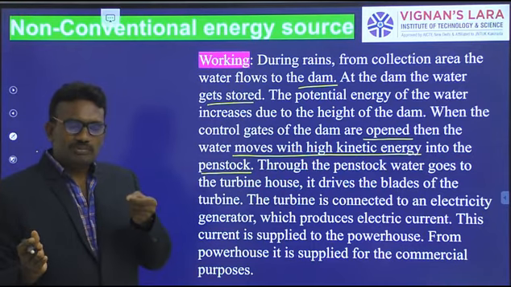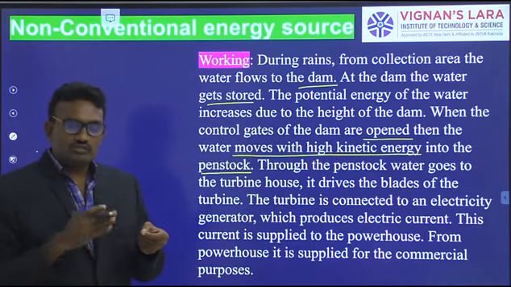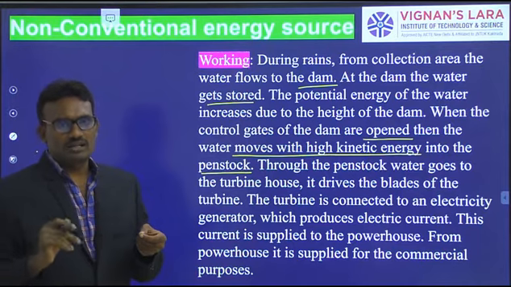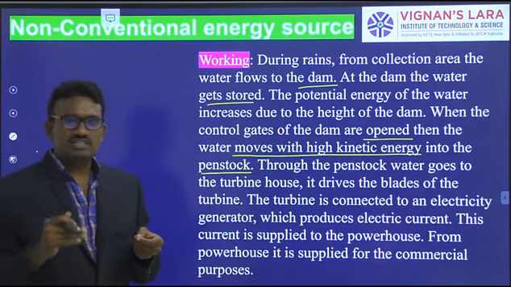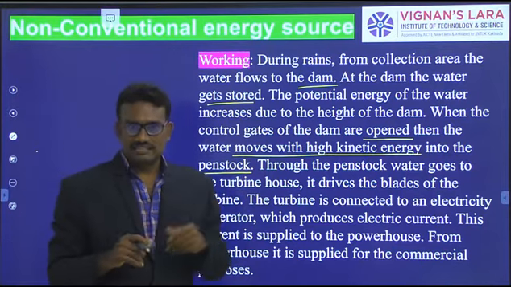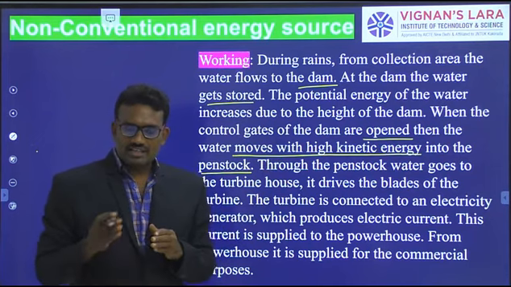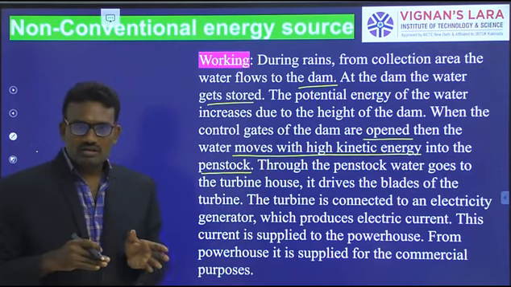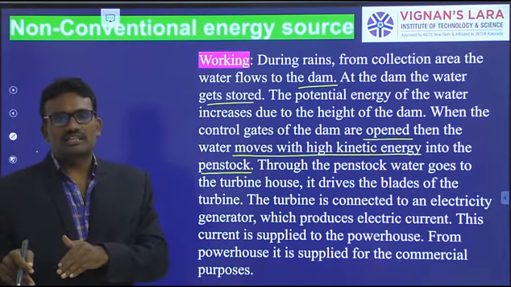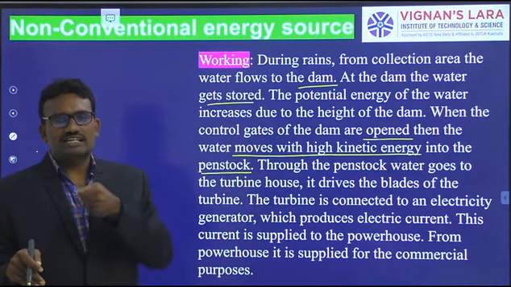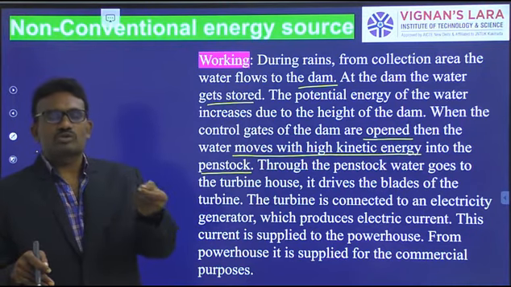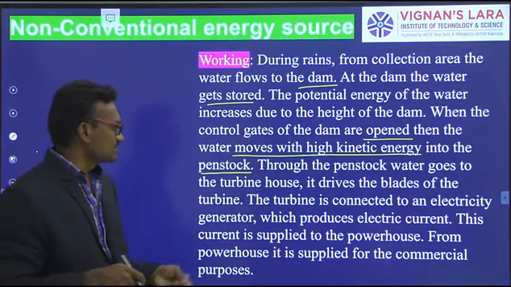The turbine blades are rotated by the force of the moving water. This rotation is called mechanical energy. The mechanical energy in the turbine is connected with the generator to produce electrical energy.